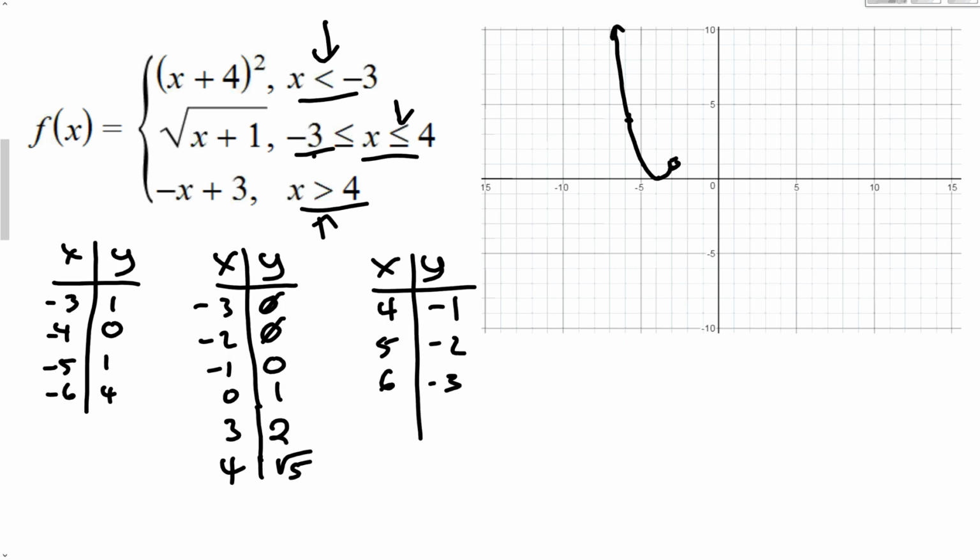We have our radical function, which starts at -1, and boom, and then 3, 2, and it goes a little bit higher, right? Kind of hard to graph the square root of 5, but we'll do our best there. And 4, -1 with an open circle with my line going down.